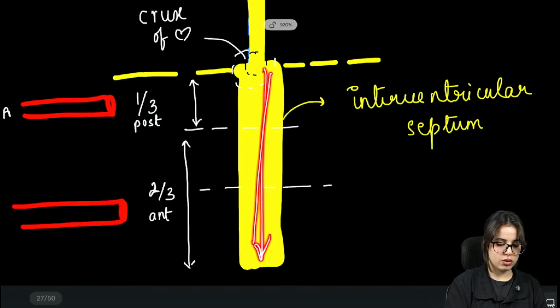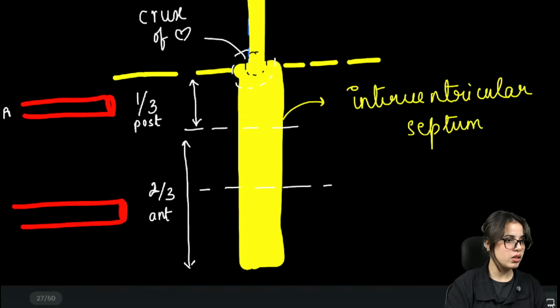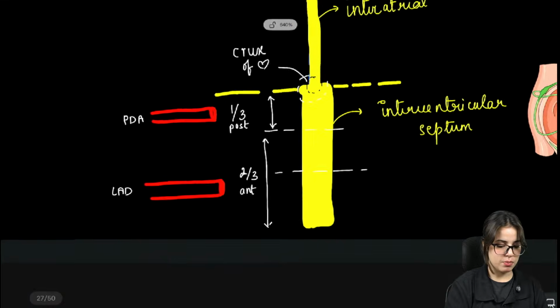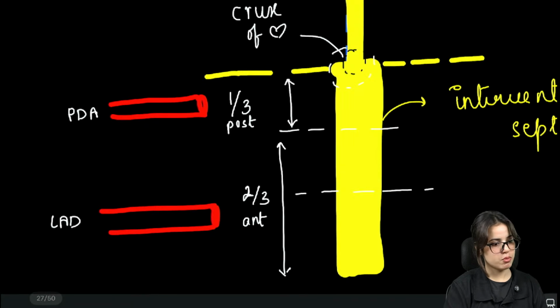If we divide this into three parts, 1, 2, 3, the one third part of the interventricular septum posteriorly is supplied by PDA.